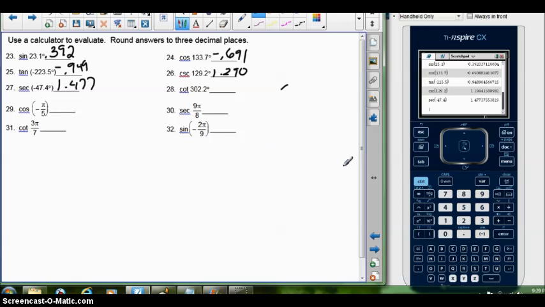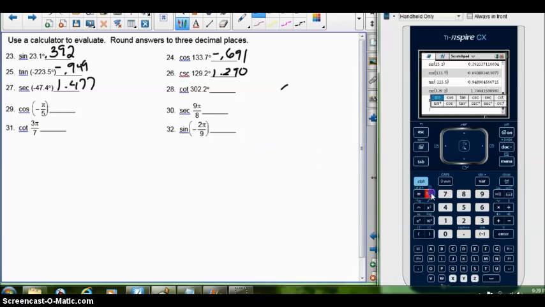Cotangent 302.2. Trig, cotangent 302 and 2/10. Oops, you actually have to put in the right numbers.